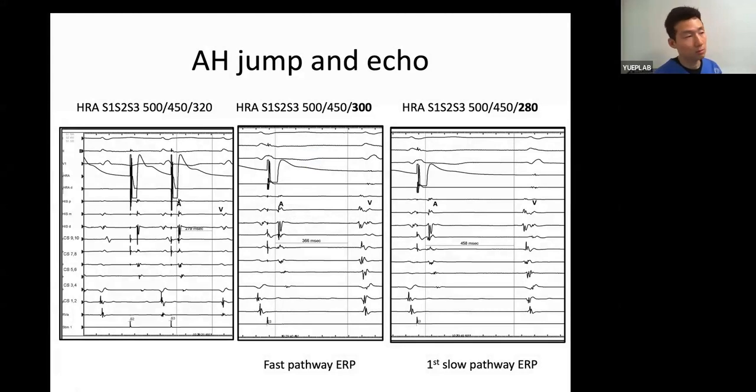So my question is, the AH interval in the 500, 450, 300 and the 500, 450, 280, is it necessarily 2 different jumps, or could it be slow pathway conduction plus AV nodal decremental conduction causing that difference? Go ahead. In order to have a two slow pathway jump, your CS EGM has to change.